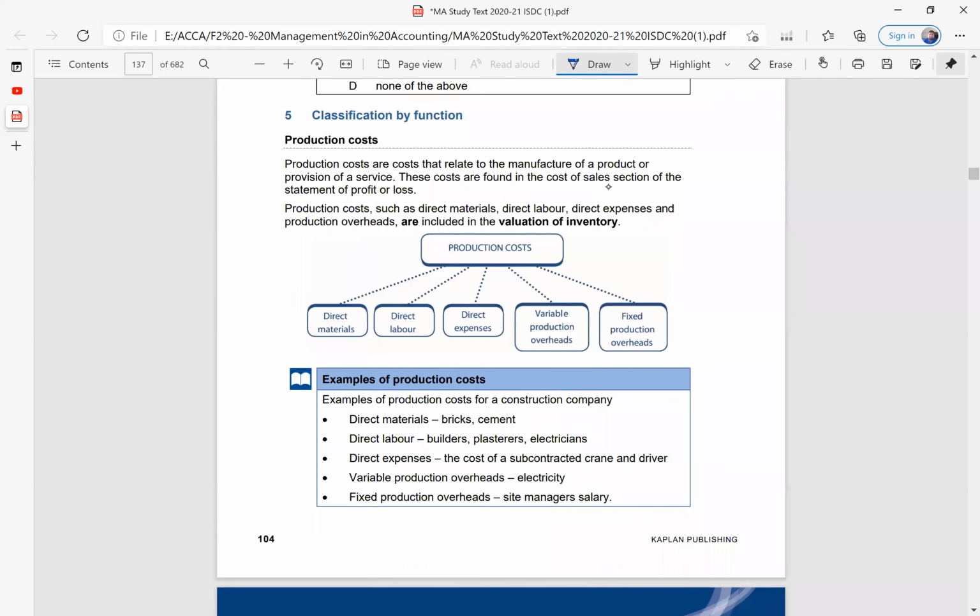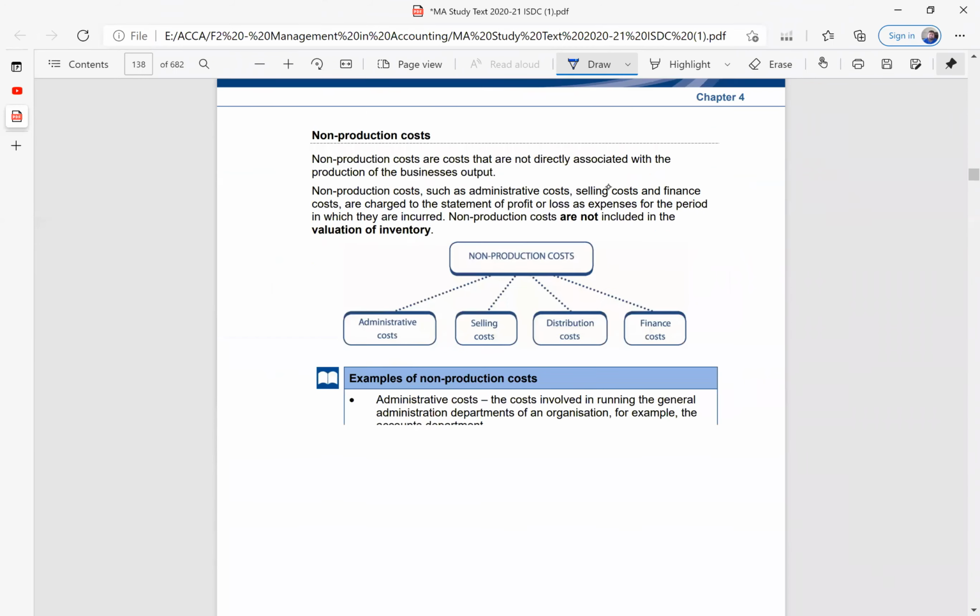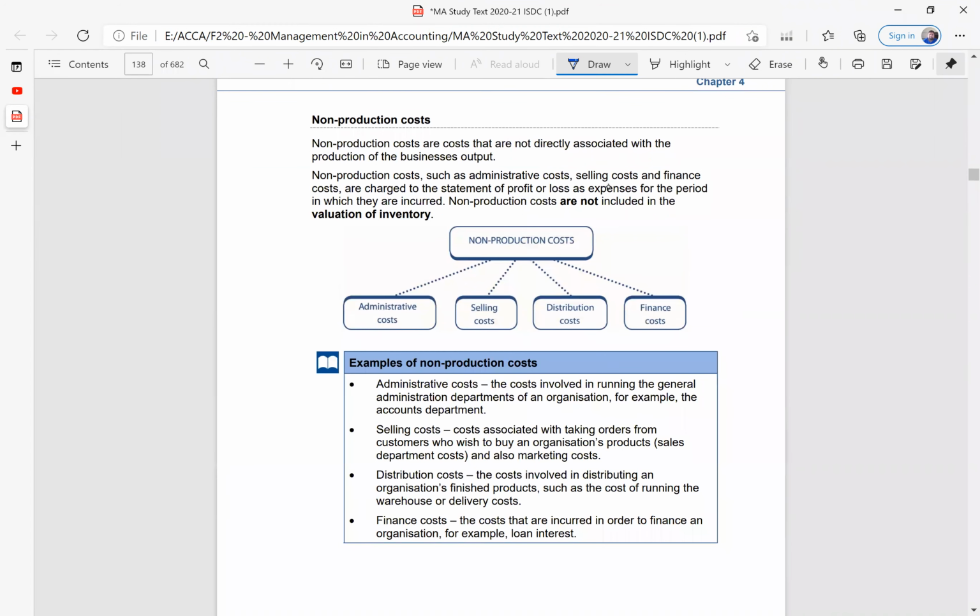Now coming towards classification by function. I mentioned to you there are production costs and there are non-production costs. Production costs include direct material, direct labor, direct expenses, variable production, all the ones that are direct costs related to production. But non-production costs are such as administrative costs.